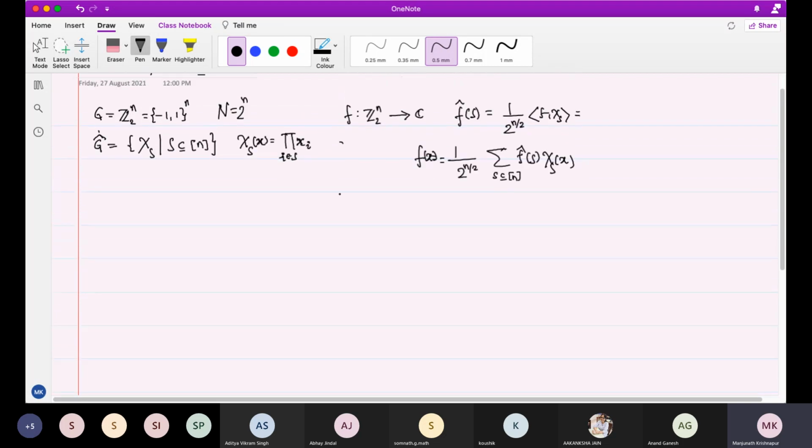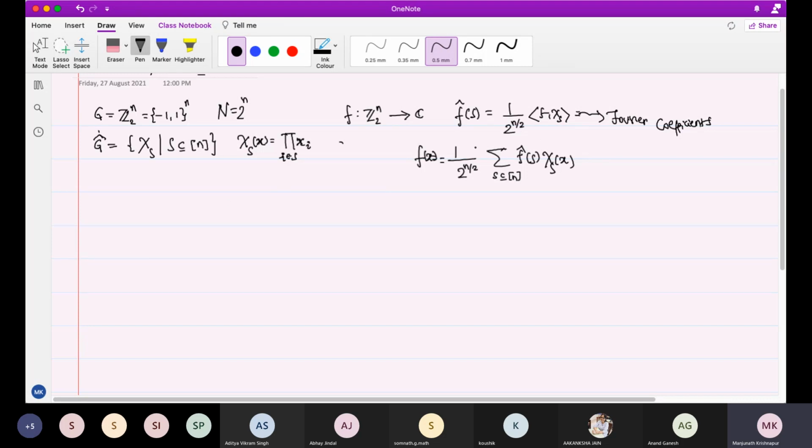Okay, so these are the Fourier coefficients, and this is the expansion. That's all.